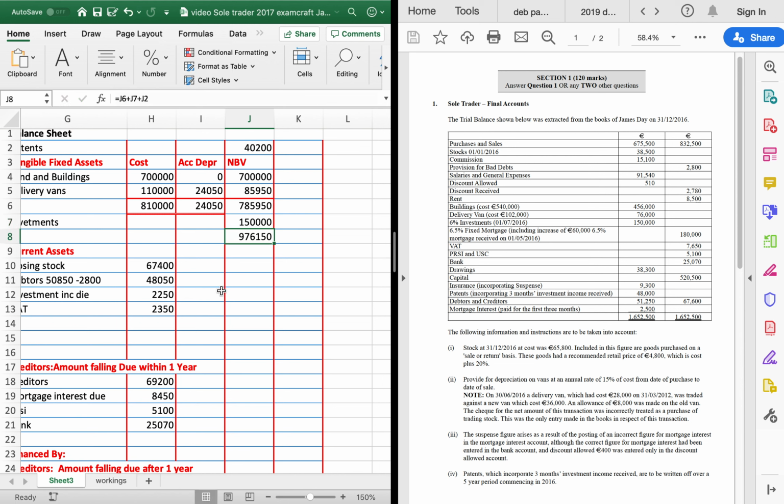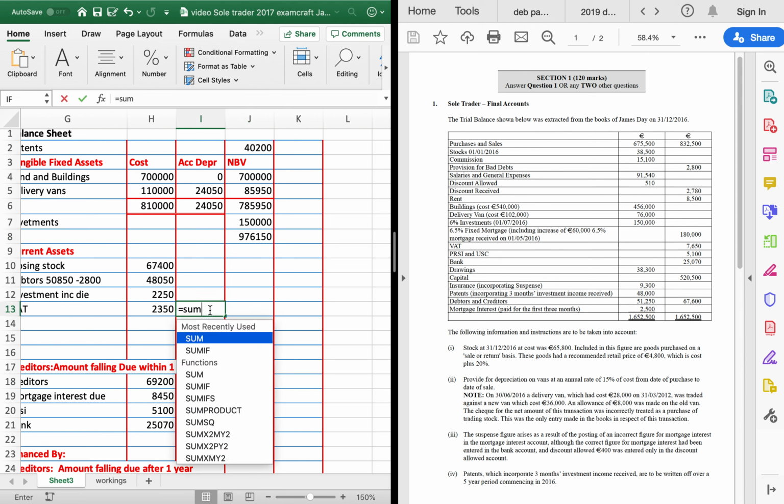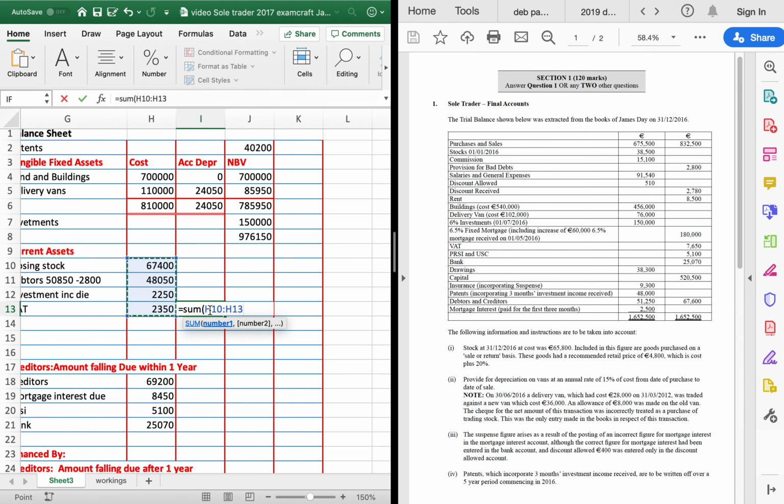So it's 976,150. Add up your current assets. Add up your current liabilities. Take them away from each other. And then add on your answer.